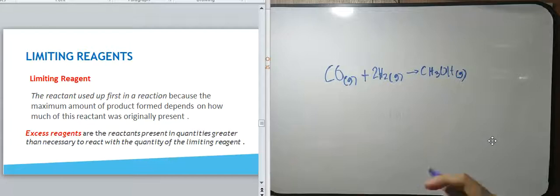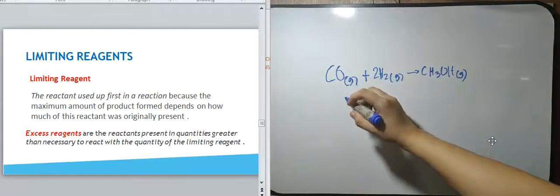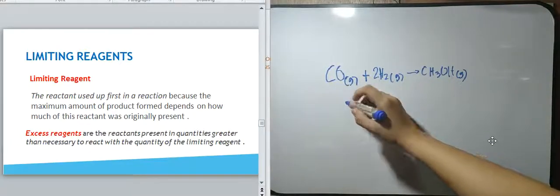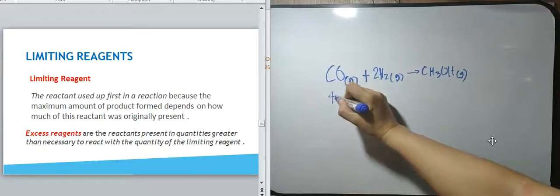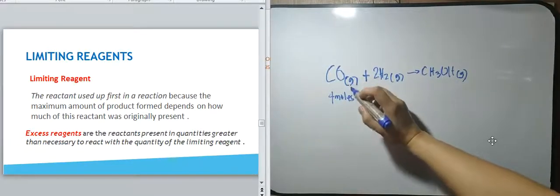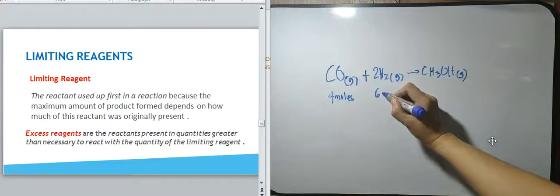Suppose initially we have 4 moles of carbon monoxide, 4 moles, and 6 moles of hydrogen gas.